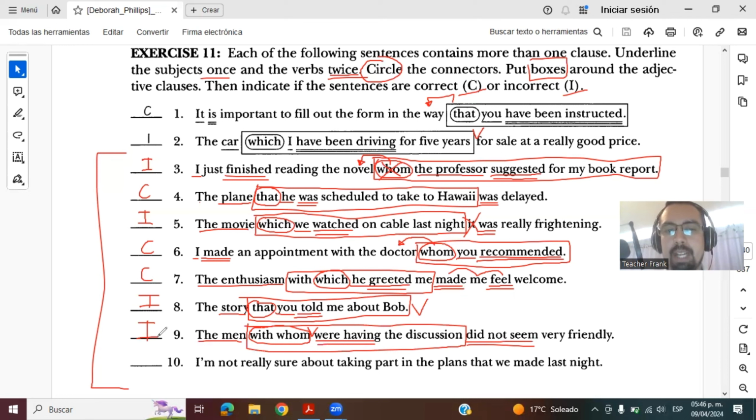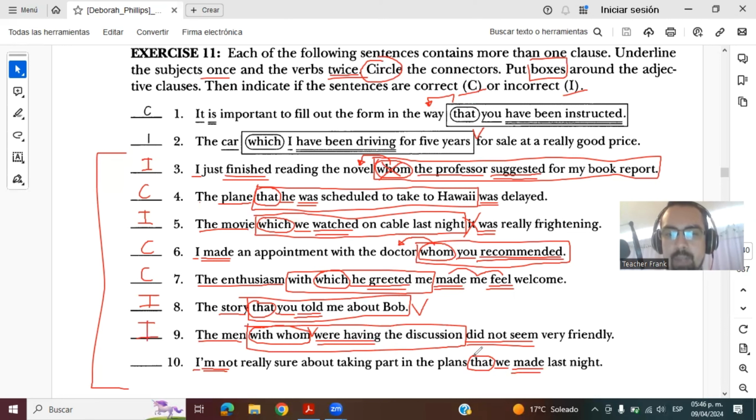Okay, and number 10, I'm not really sure about taking part in the plans that we made last night. So we have here, well, this is my first verb. I'm not, right? And my subject, I. Okay, we have here made, who or what made, we. The connector is that.